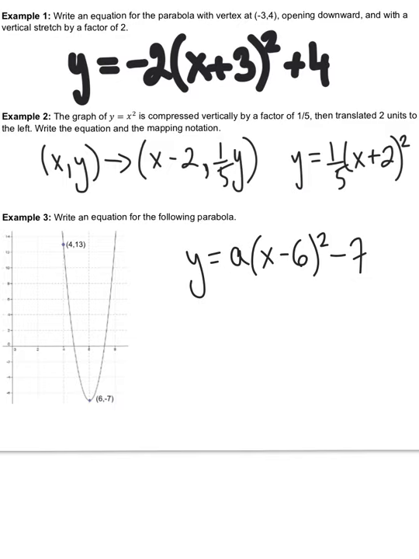So we want to figure out our a value, but we are given this point right here, (4, 13). And if you remember, just like you did in grade 9, if you want to find the variable a, because that's what we need, x and y are kind of like placeholders, so we're going to use any point on the graph to be able to find a. So we have our point (4, 13). So let's use it. So y is going to be 13, and x is going to be 4.